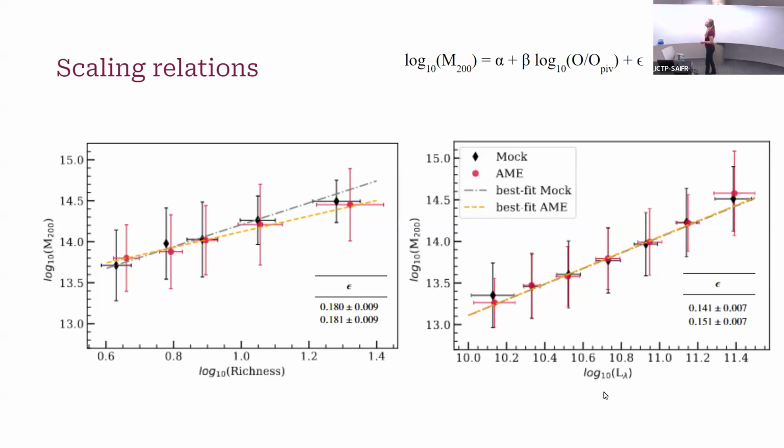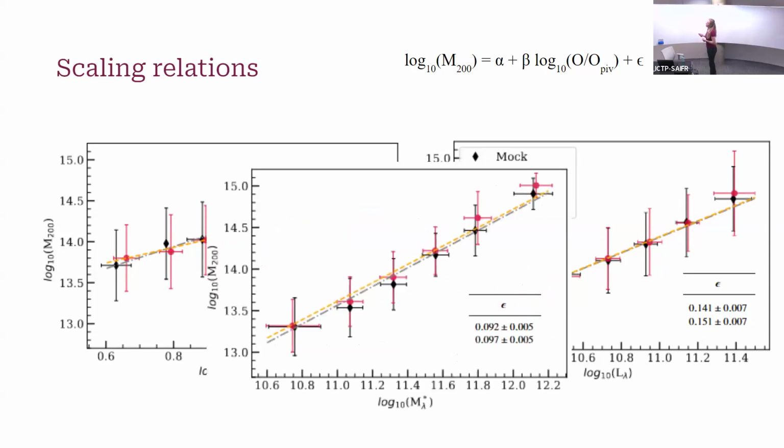The first line is the one obtained with the simulations, and the second one is with our method. You can see that the values are quite close. We go from 0.18 to 0.14 using the optical mass of the cluster. And for the total stellar mass, it is 0.092 or 0.097, which is great.